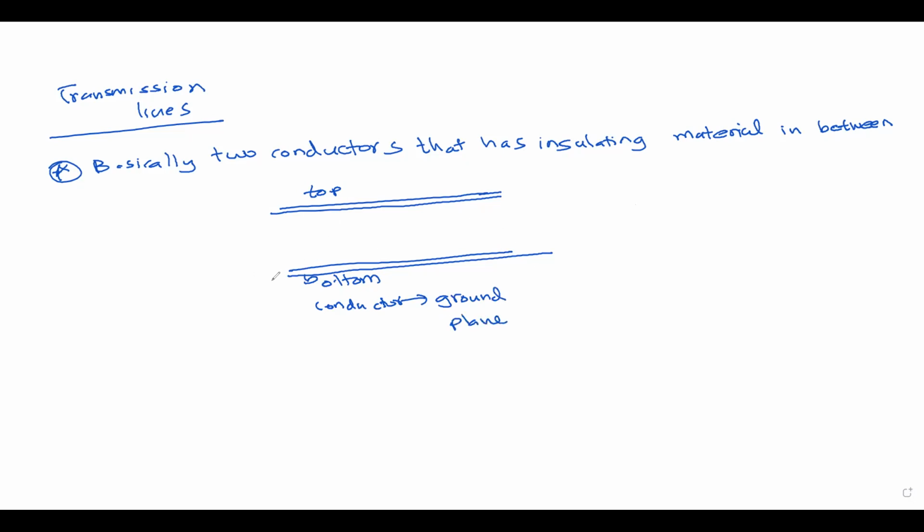With reference to the ground plane, the top conductor's current and voltages vary. These kinds of conductors are used to transmit electromagnetic waves from one point to another point.